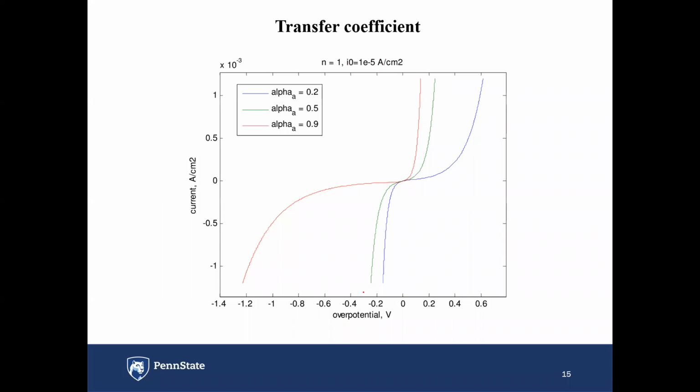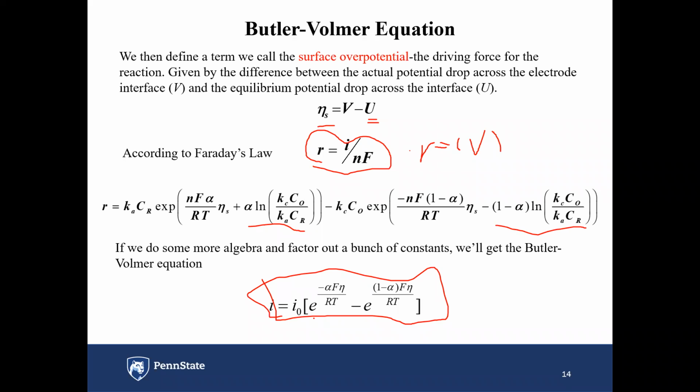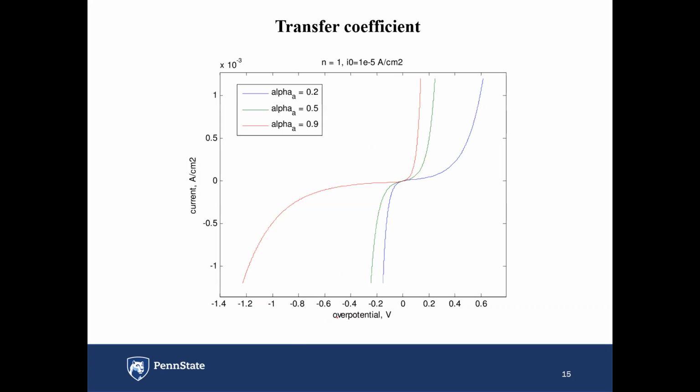And one example of how we can use the Butler-Volmer equation, or how we can understand it, is that you can see we have one coefficient called I0, and I0 is called the exchange current. Exchange current tells us how fast a reaction can happen. If I0 is higher, that means this reaction can happen very fast.